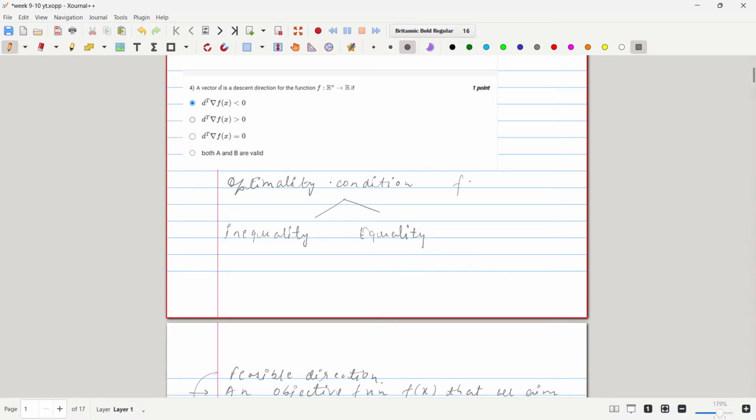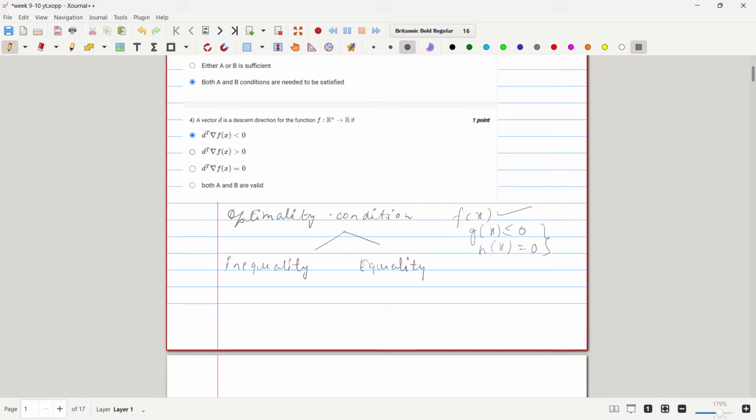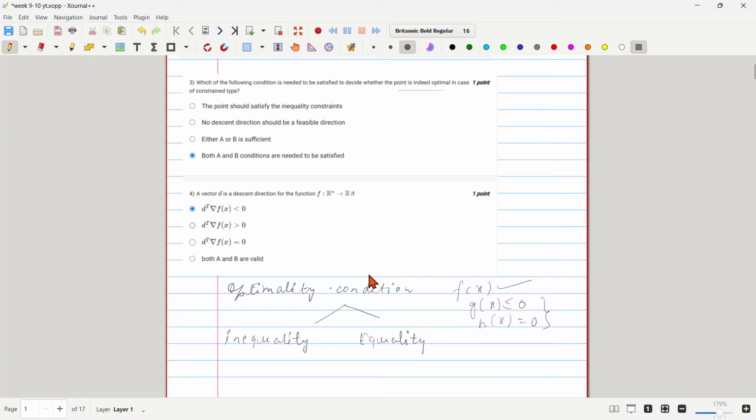There can be a question where you will be given a function f(x). The first function is g(x) less than or equal to 0. The second function h(x) is equal to 0. So for a point to be indeed optimal in the case of constraint type, it should satisfy both the inequality and equality constraints.